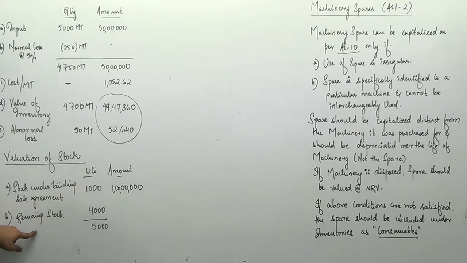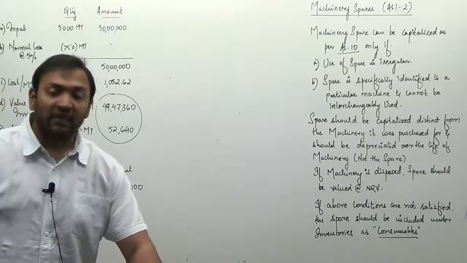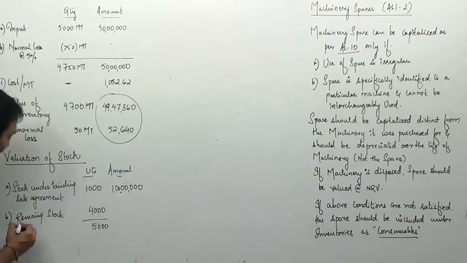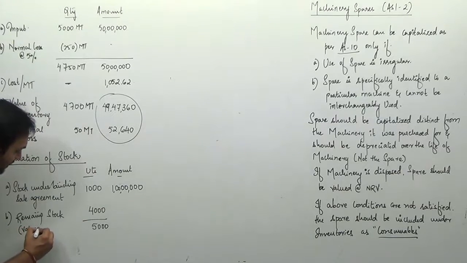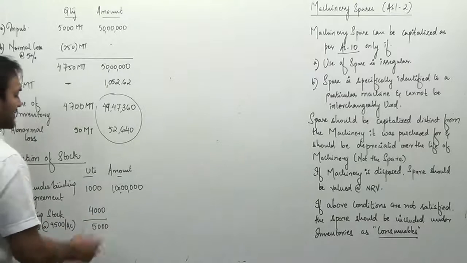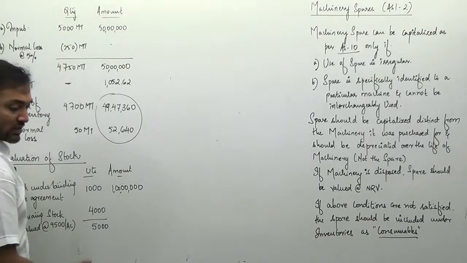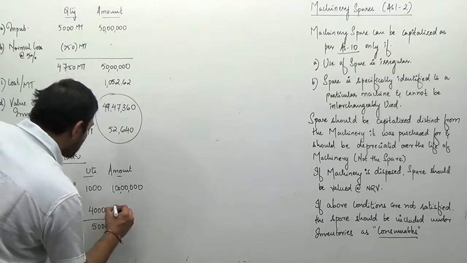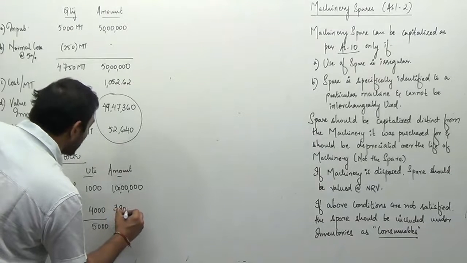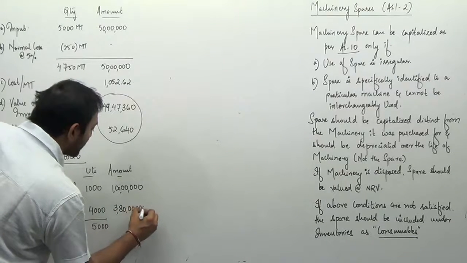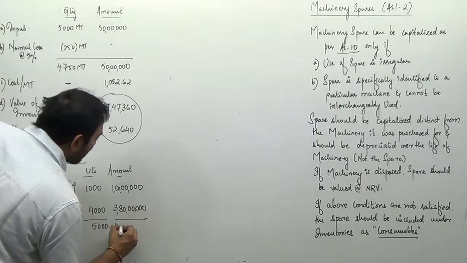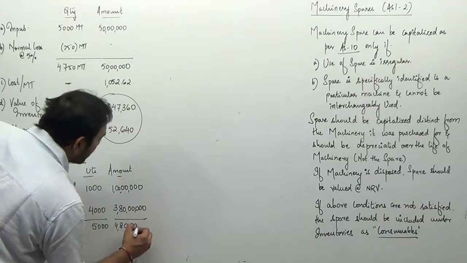But the remaining stock, I can't value at cost because the NRV is 9,500. This should be valued at 9,500 per AC. So 9,500 per AC into 4,000 ACs. I guess this is 3,80,000. Sorry, 3 crore 80 lakhs. Total value of closing stock is 4 crore 80 lakhs.